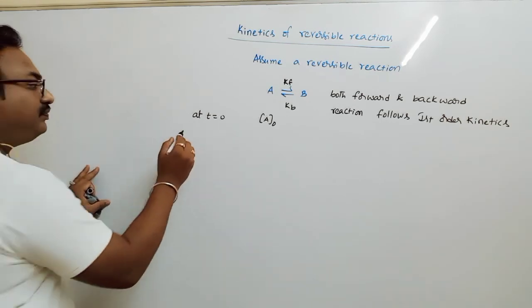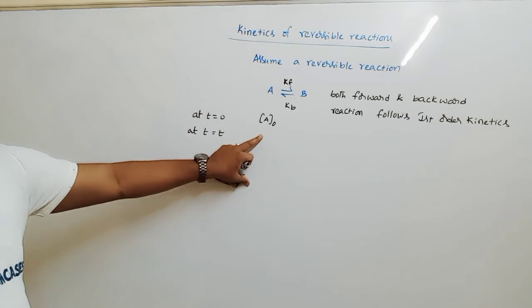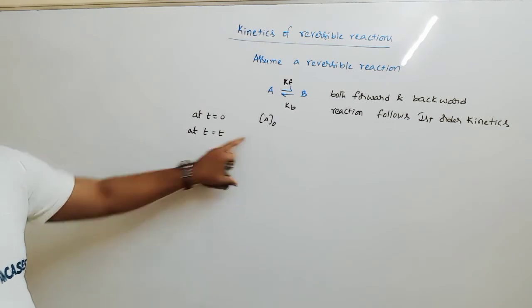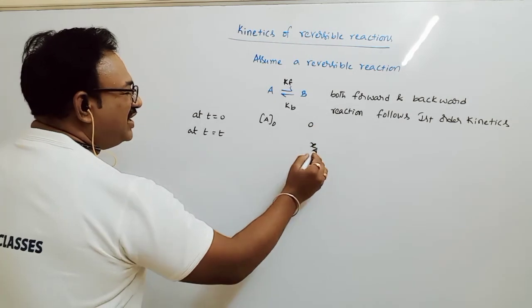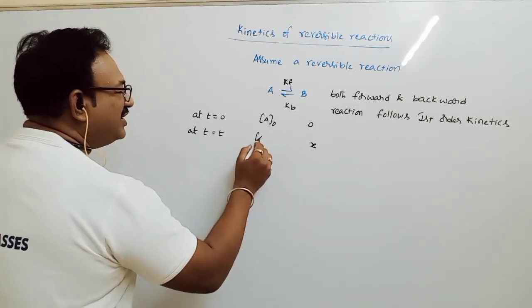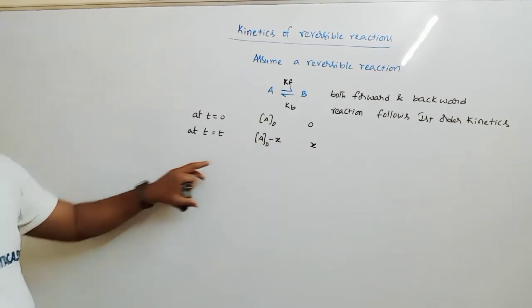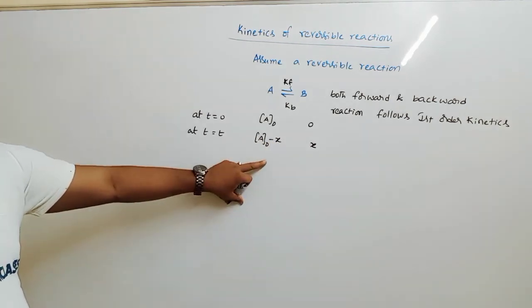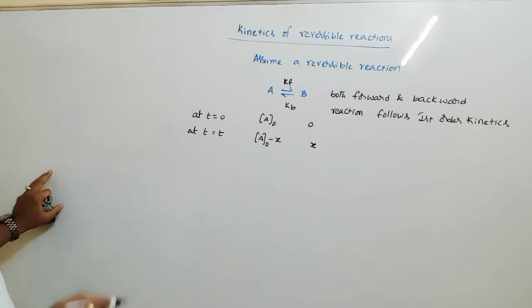After t time, let the concentration of B be X; initially 0, after some time it is X. Then the concentration of A left is the initial concentration minus X.